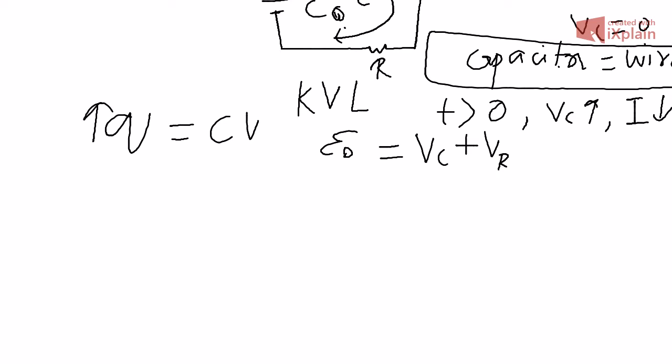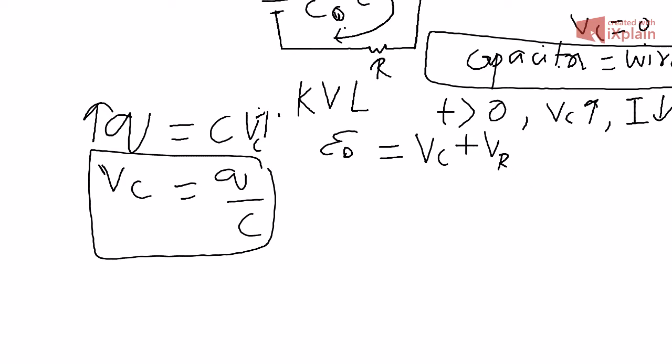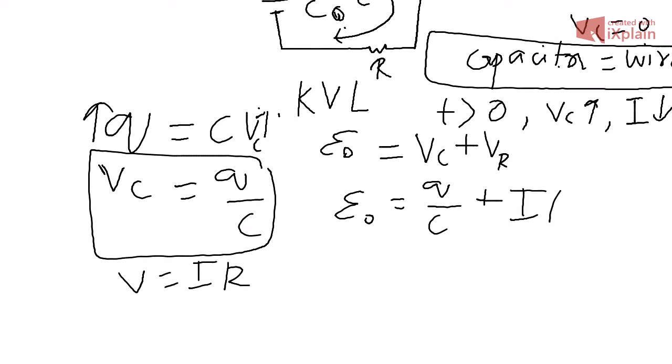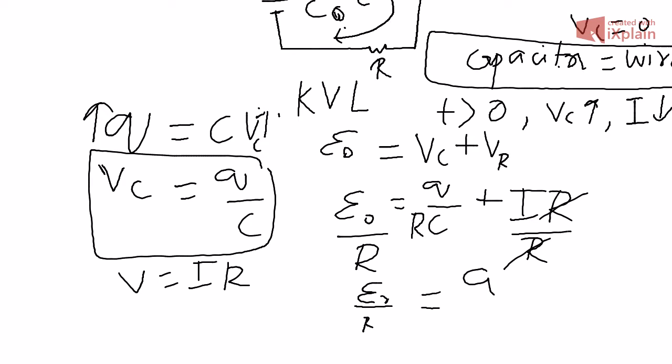As charge increases, voltage also increases. So we can write Vc as Q over C. So the EMF equals Q over C plus I times R, since V is equal to I into R. Divide the left and right hand sides by R. So the R's cancel, and this becomes E naught over R equals Q over RC plus I.